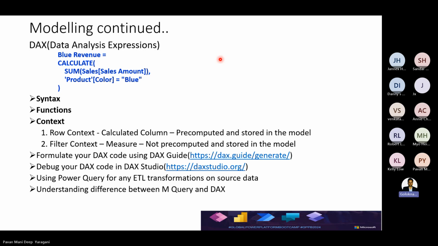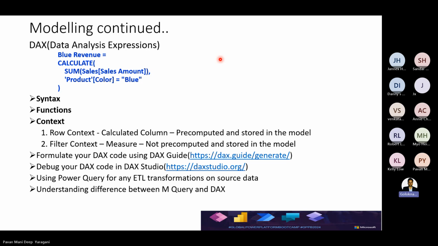This is an example of how I will formulate my DAX expression. In order to understand any DAX expression, you need to understand what the syntax looks like. In Microsoft Docs, there are plenty of articles where you can find out more about the syntax. Once the syntax is clear, you need to understand what function you write.